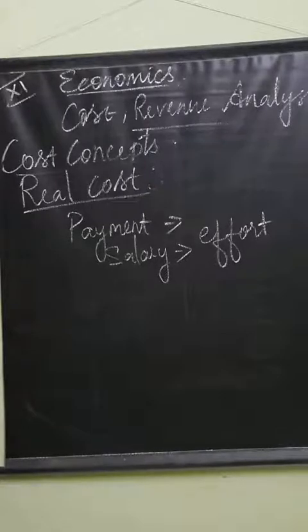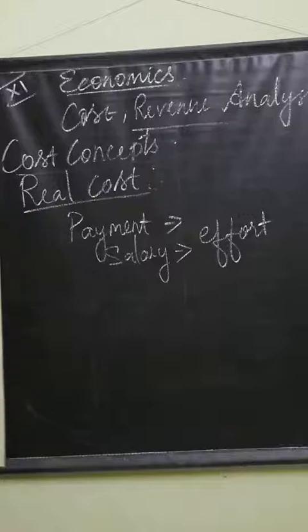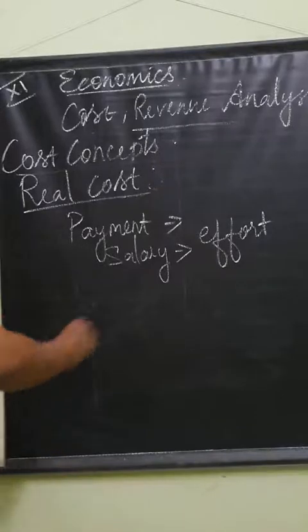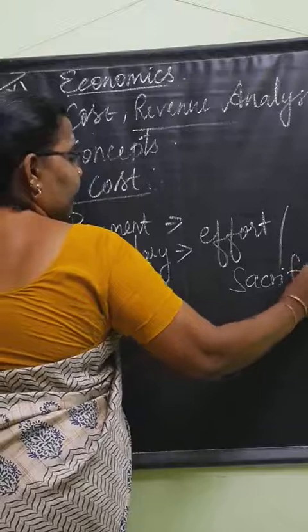Only 1 week or 10 days they are there with their family. So they are making sacrifices. They are spending their life. For the sacrifice, we are paying an amount, isn't it? That is called a real cost. Do you understand, girls? What is real cost? Not only for the efforts, sacrifices, and other things.